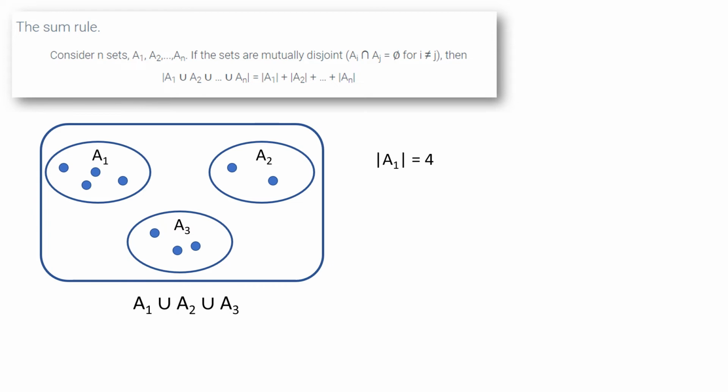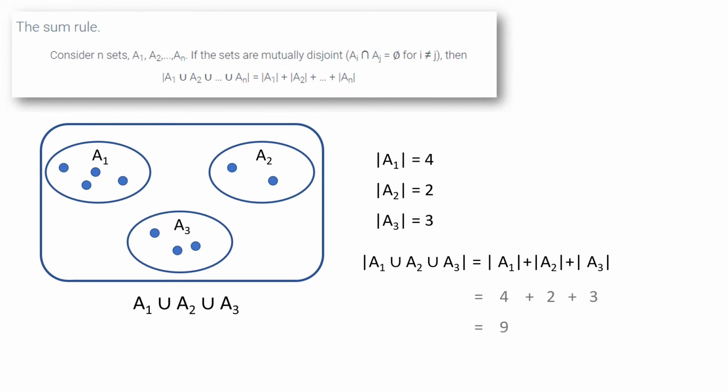So we've got 4 elements in A1, 2 elements in A2, and 3 elements in A3. So using the sum rule, we would say that the number of elements in the union is just the sum of the individual numbers. So we would have 4 plus 2 plus 3. That would equal 9.